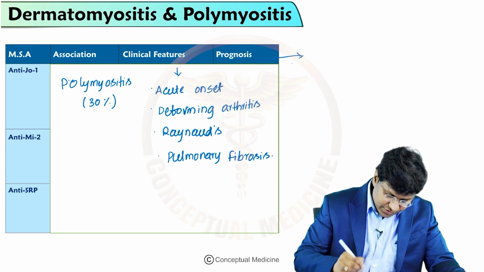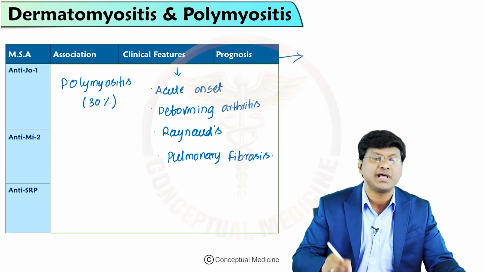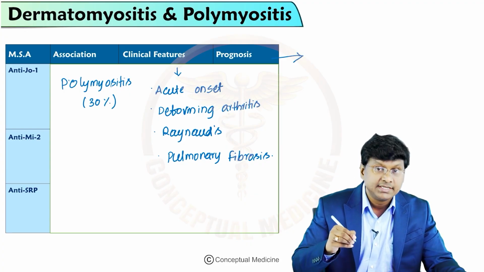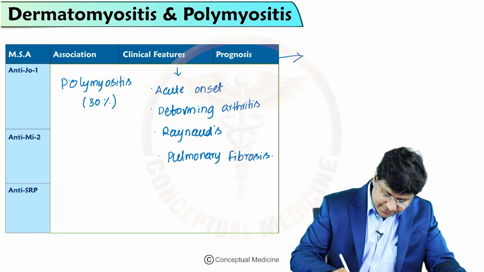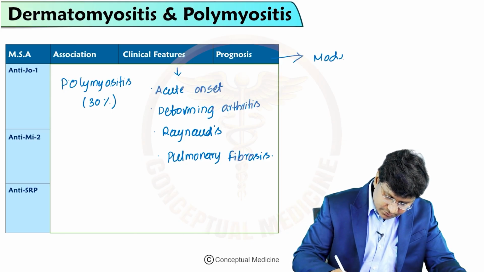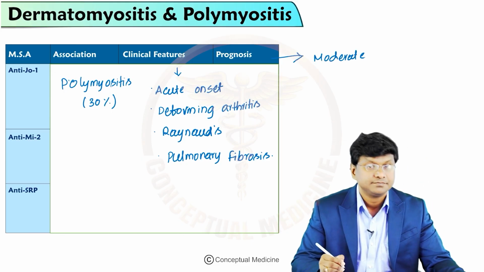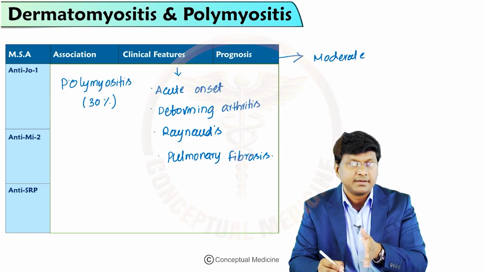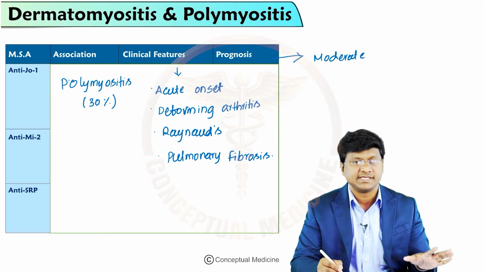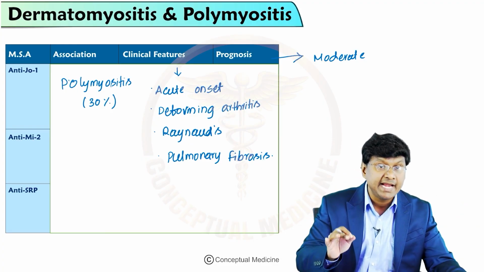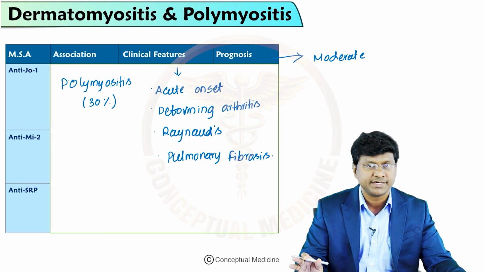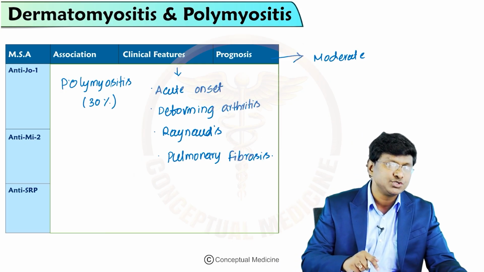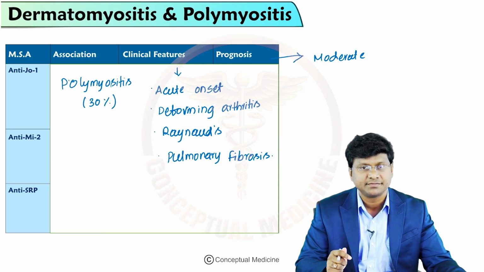And how will be the prognosis of these patients with anti-Jo1 associated antibodies? The prognosis is moderate. They respond moderately to therapy but have persistent disease. That is anti-Jo1 associated polymyositis. The sensitivity of anti-Jo1 is only 30%.